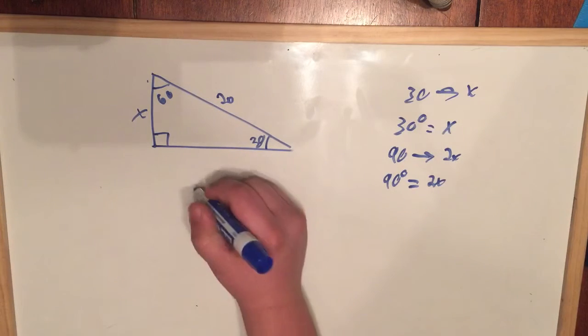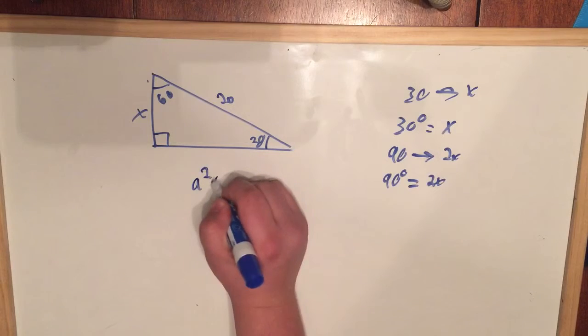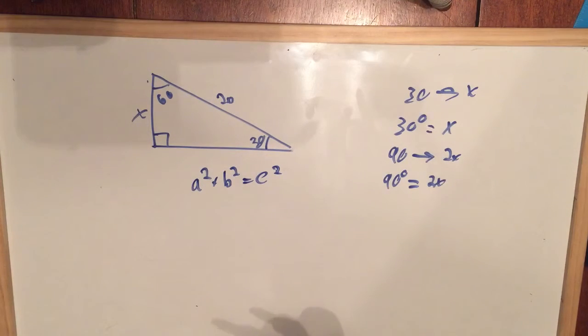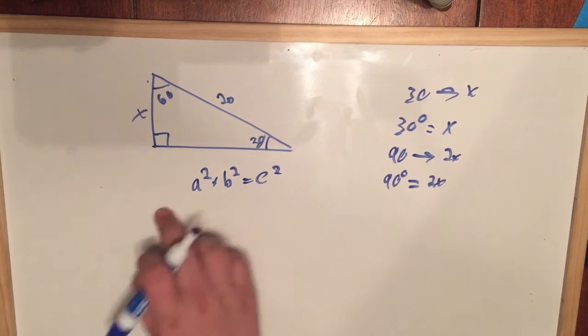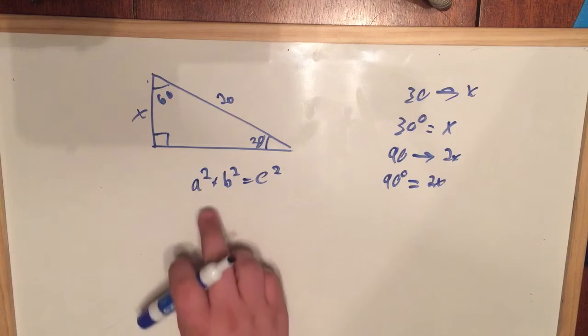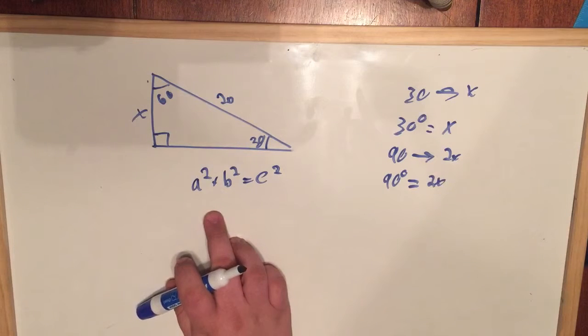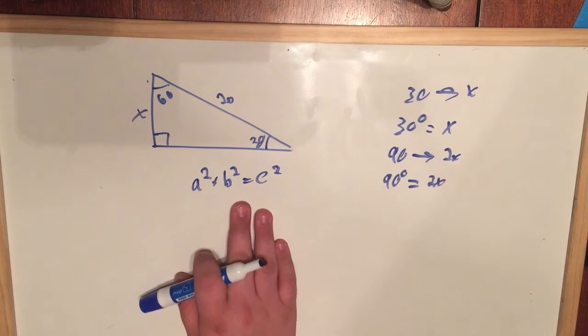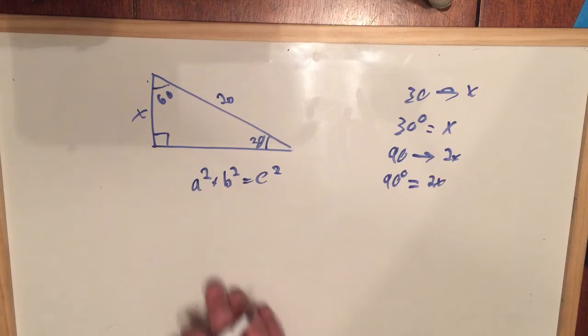We all know the basics of the Pythagorean theorem, which is a squared plus b squared equals c squared. If you guys are in the trig world, you know that this is the basic, and if you haven't been in the trig, algebra, or geometry world, this is the Pythagorean theorem. You're going to be using this the whole entire time, no matter what you're doing, even if you're doing SOHCAHTOA, which we'll get to.